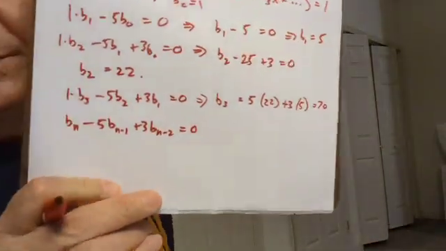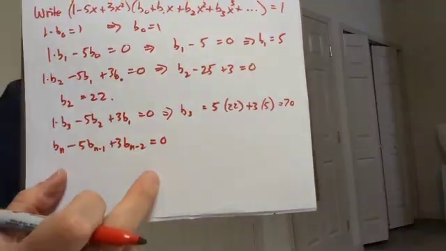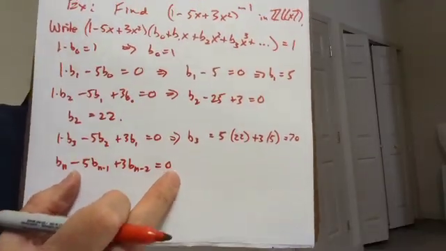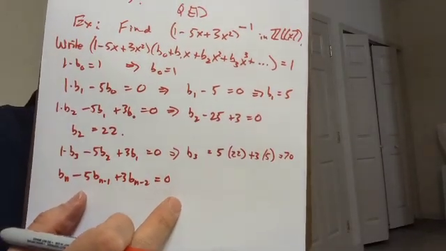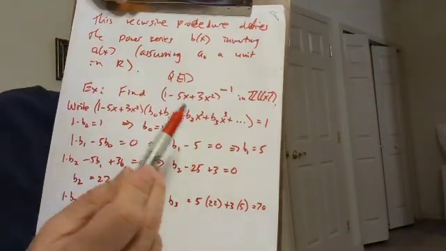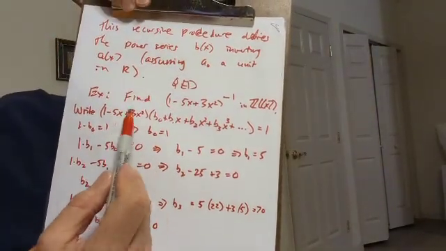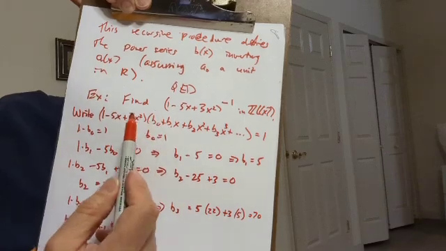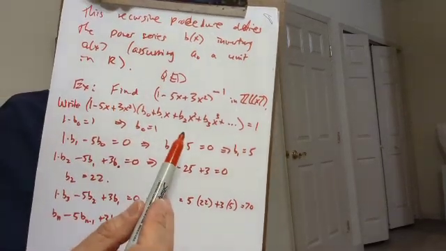In general, it looks like we're going to get 1 times Bn minus 5 times Bn minus 1 plus 3 times Bn minus 2 equals 0. This will represent the 3 ways to get x to the n. We'll have constant times x to the n, x times x to the n minus 1, and x squared times x to the n minus 2.